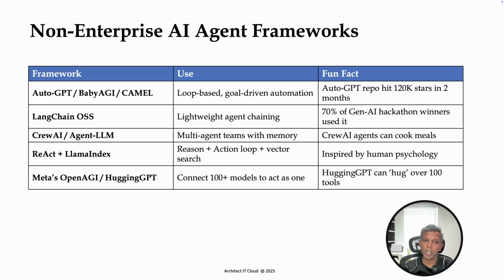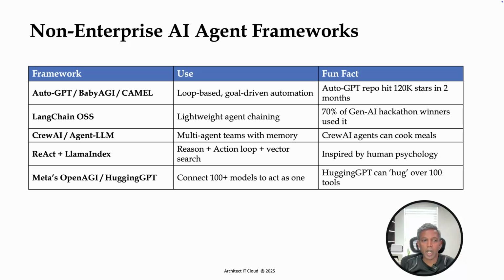What exactly does it mean? Suppose you are creating an AI agent for running particular loop-based activities, it is very helpful if you go and explore AutoGPT. You will get to know more about how you can use AI agents for your non-enterprise business use cases. And the fact here is the AutoGPT repo hit 120K stars in 2 months. I have given the repository link in the description below. You can go and explore and use it.